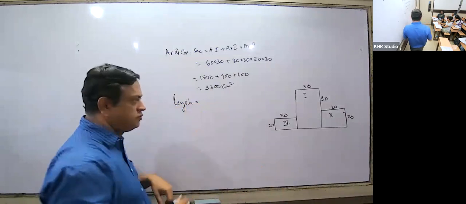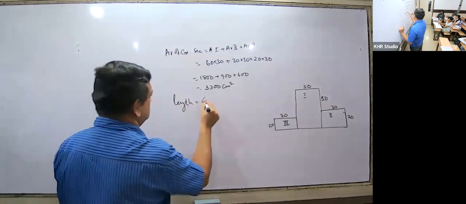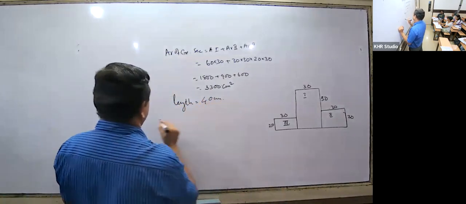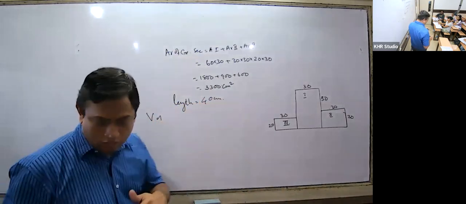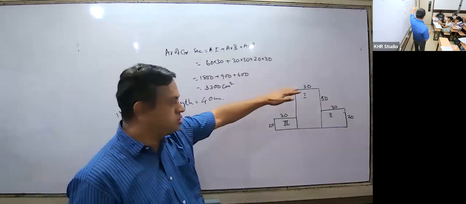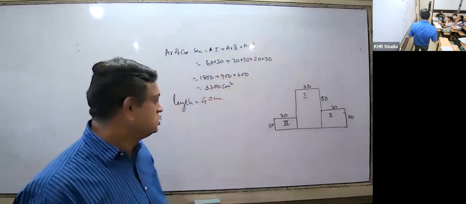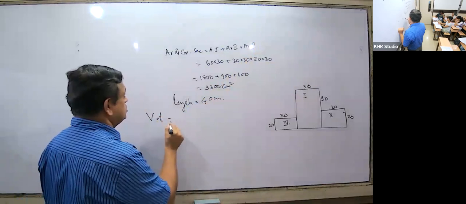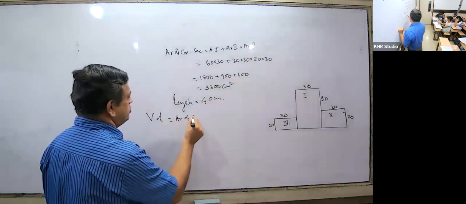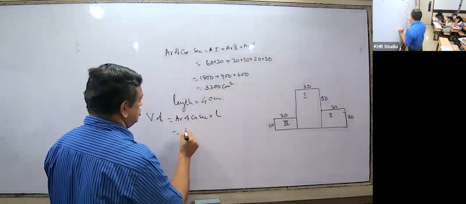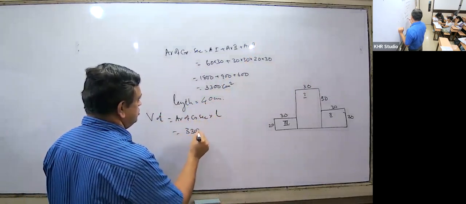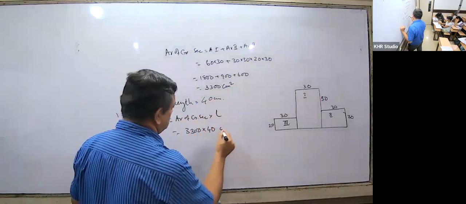Then the length is equal to 40 centimeters. Therefore, volume is equal to area of cross section multiplied by its length. That is 3300 multiplied by 40, in centimeter cube.